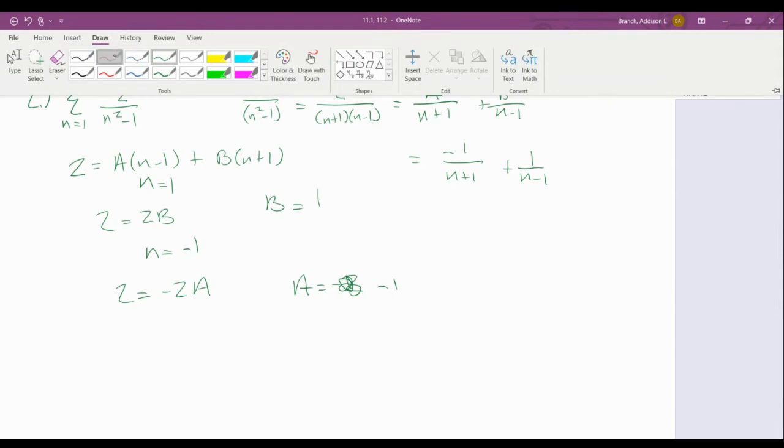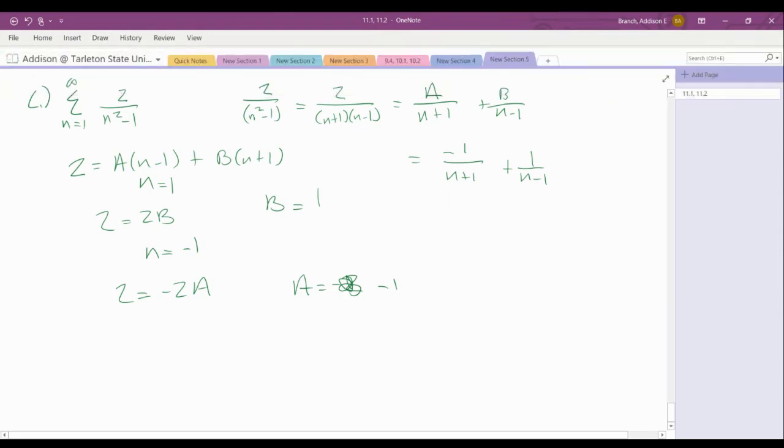Now let's start listing out some partial sums. We're just going to list out the first few terms. We start off with n equals 1, so we get negative 1 over... give me just a second.